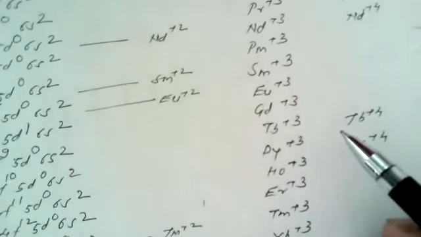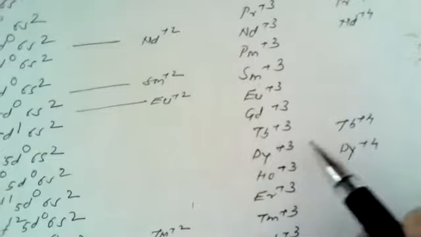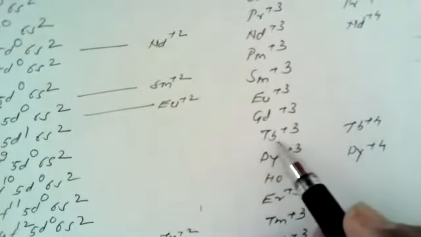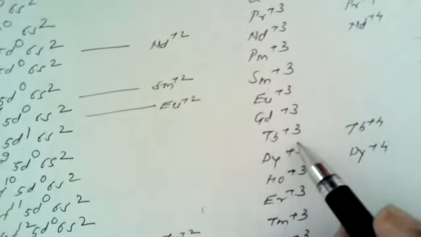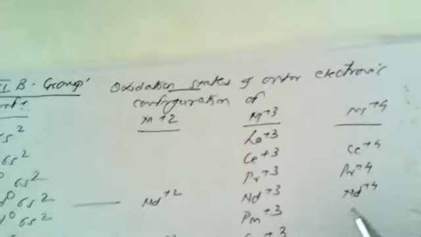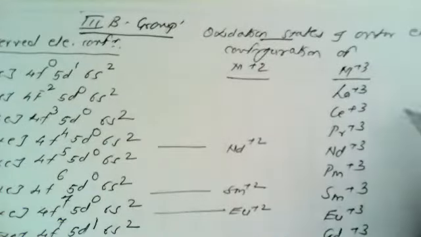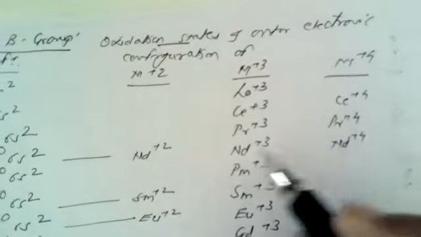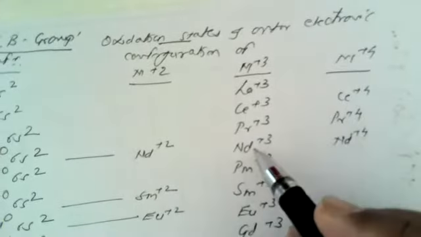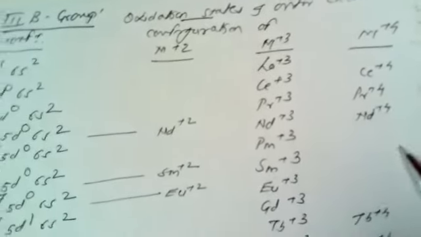So we can see that terbium shows two different oxidation states, +3 and +4. Dysprosium +3 and +4. And cerium +3, +4. Praseodymium +3, +4. Neodymium +3 and +4.